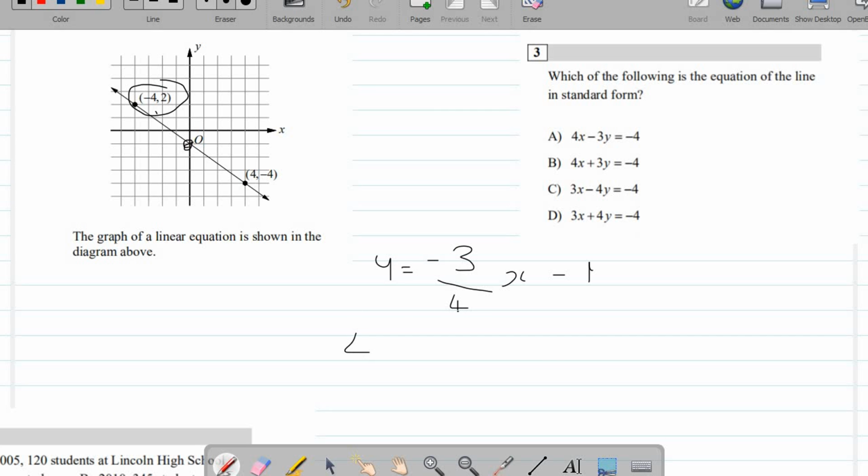You have 4y equals minus 3x minus 4. Remember, 4 times minus 1 is minus 4. Yeah, you can rearrange this. So you have 4y plus 3x equals minus 4.